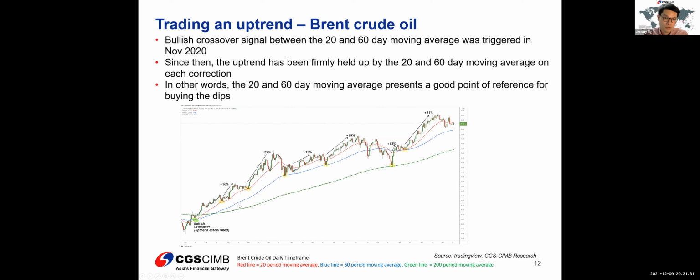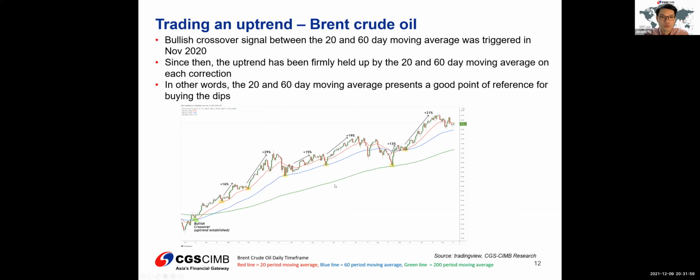So you can see over the time span of the past 1 year and 2 months, we have gotten quite a few good examples of buying at those levels. 1, 2, 3, 4, 5, 6 good examples of prices bouncing off this 20 and 60-day moving average, which then racked in an average gain of around 13 to 21% purely by using this strategy.